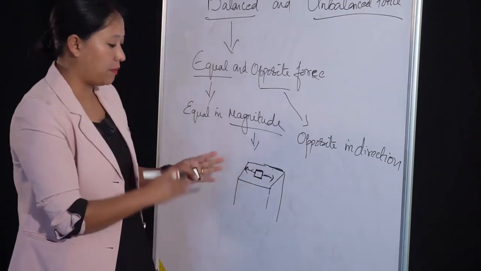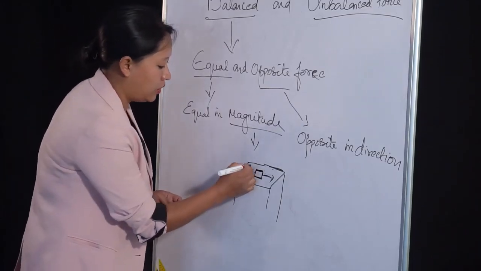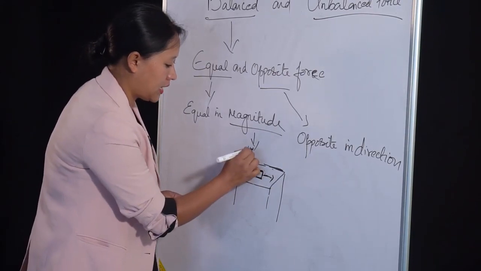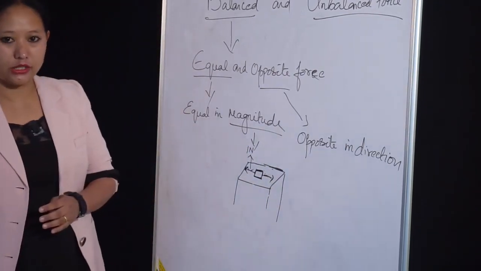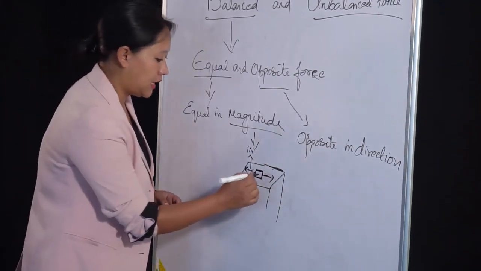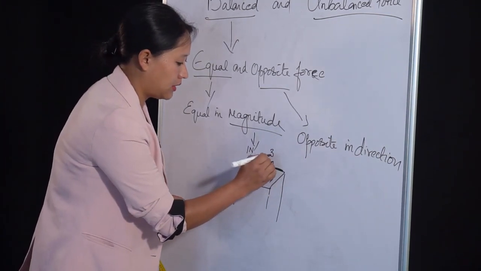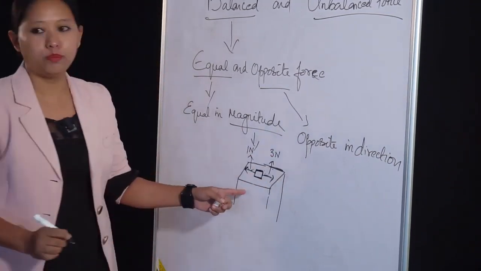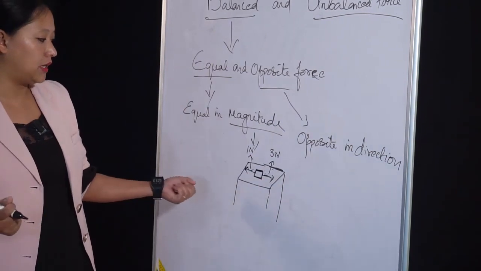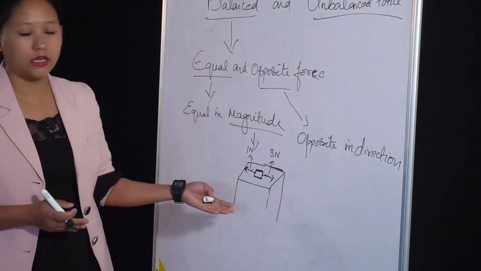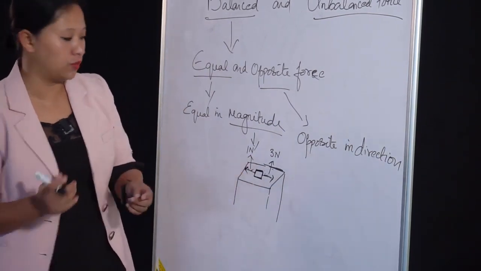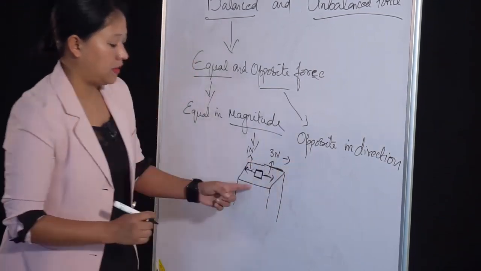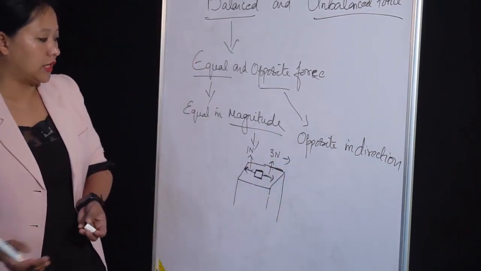If we apply a force of 1 Newton in this direction, and in the opposite direction we apply a force of, say, 3 Newton, and try to pull the string on both ends, what will happen? Definitely the block will start moving towards the direction where there is a greater force.